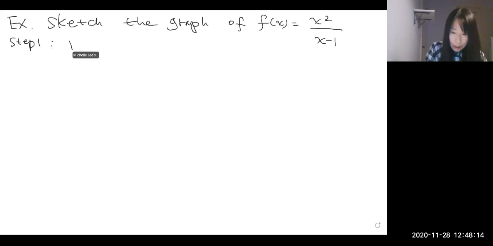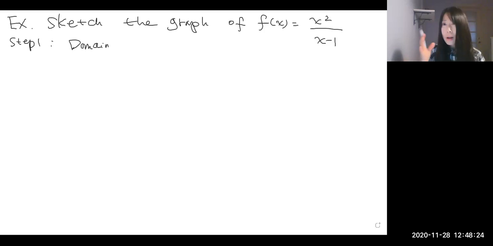What's the domain? We're going to find the domain. We're looking at the function. Every x value is okay, so all real numbers, we denote real numbers like that.